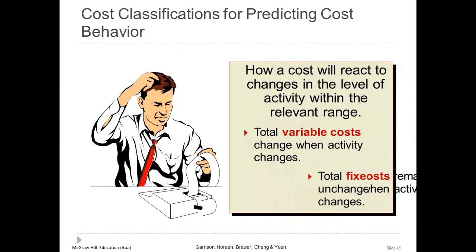For example, a manager may want to estimate the impact that a 5% increase in sales would have on the company's total electric bill. Cost behavior refers to how a cost will react to changes in the level of activity within the relevant range. The most commonly used classifications of cost behavior are variable and fixed costs.